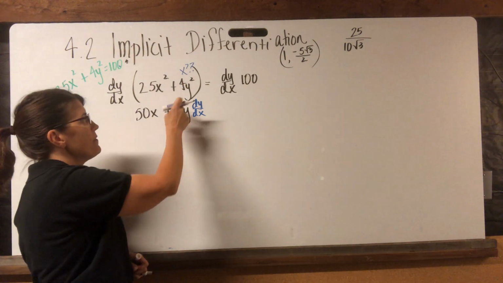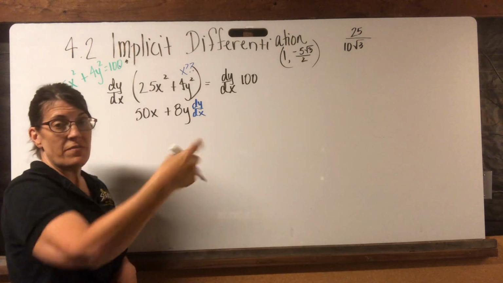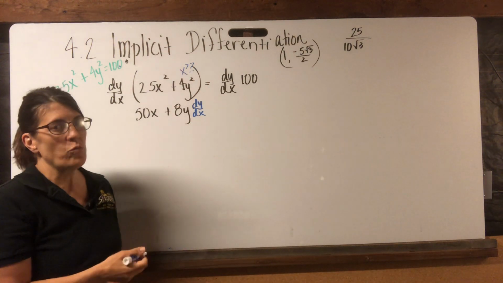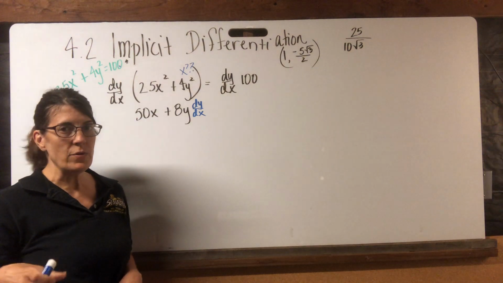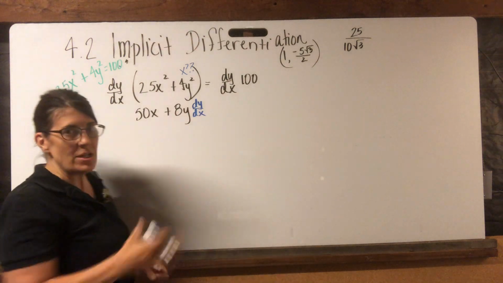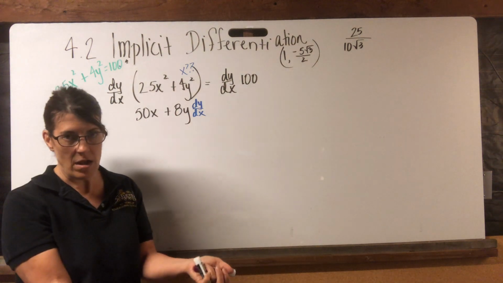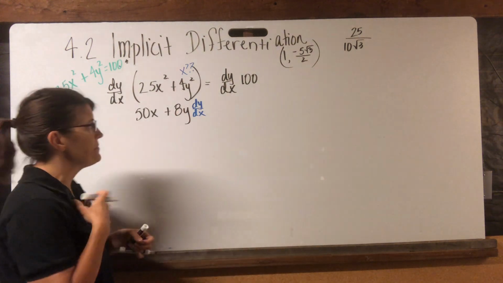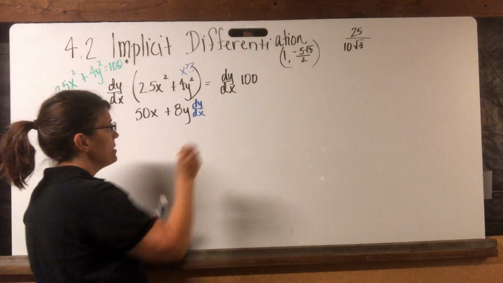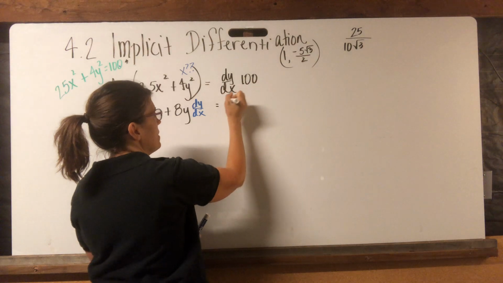So the derivative of 4y squared in terms of x is the power rule, 8y, and then the derivative of y with respect to x. That sounds so confusing, but there's no x, you can't just differentiate with respect to x if there's no x there. That's voodoo math, not allowed. Then the derivative of a constant is 0.